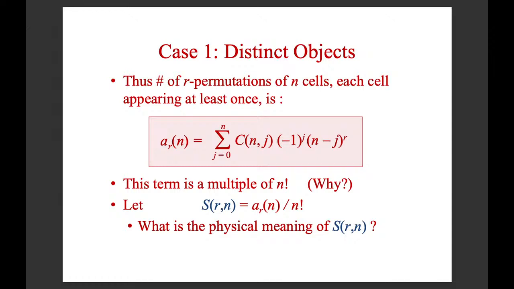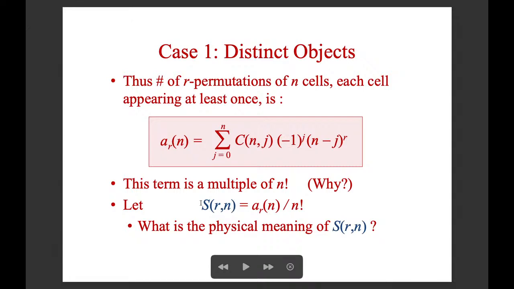So in that case, you can group them so that each group has n factorial, and then it forms a partition of the whole number of arrangements into these kinds of groups. So what does that mean? So the total number of groups is the value of A(r,n) divided by n factorial.